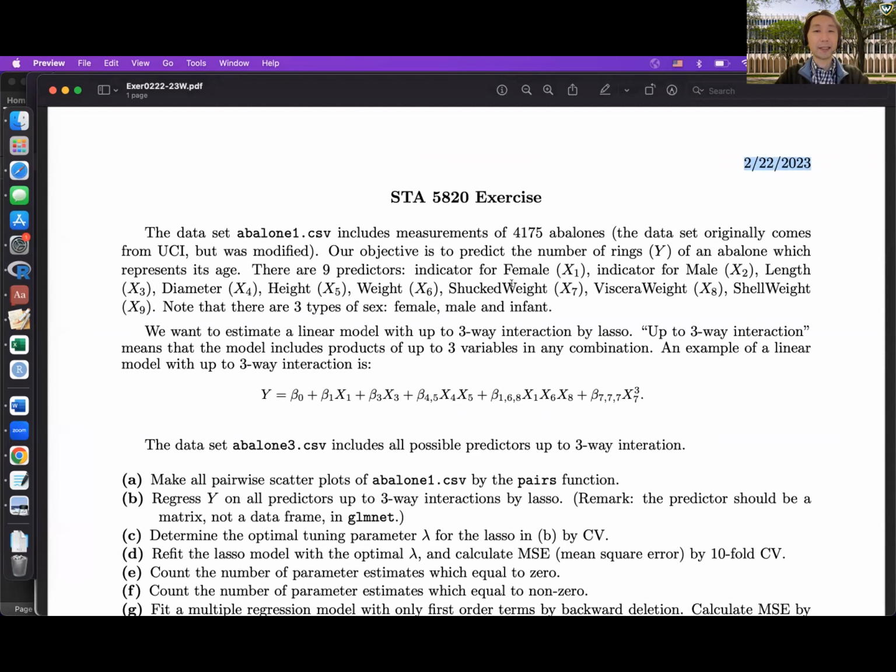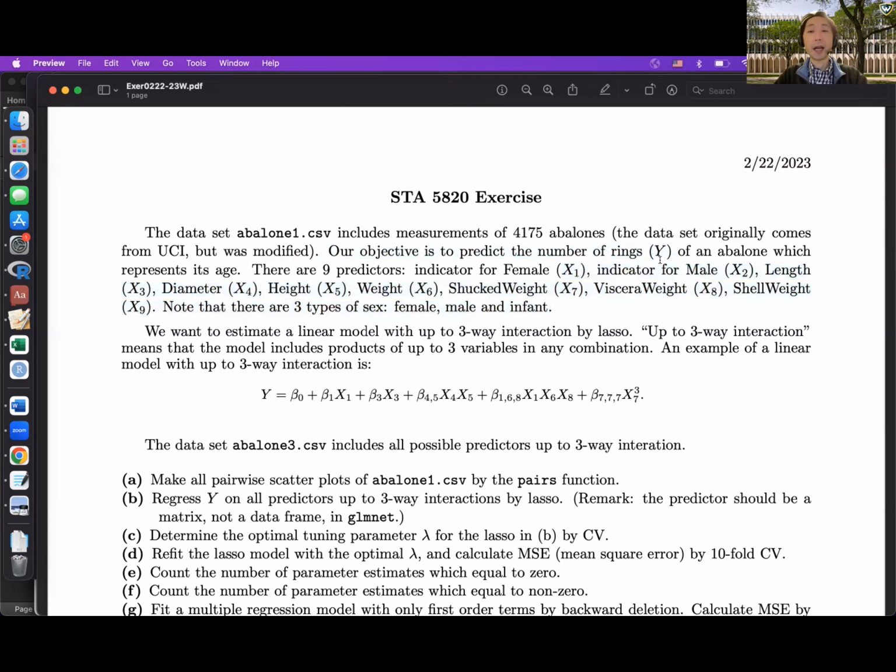The abalone datasets consist of 4,175 observations of abalones. This is originally from the UC Irvine machine learning repository, but I removed 2 outliers. And that is the abalone 1 dataset. We have the response variable y, and some predictors x1 to x9.